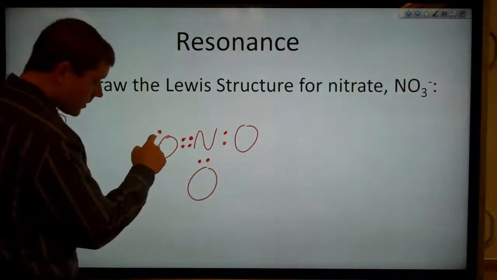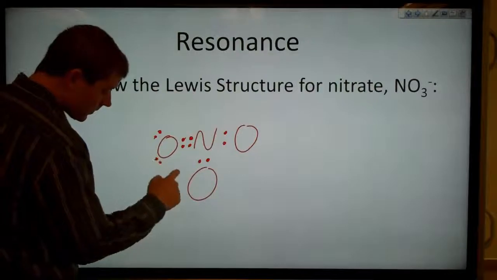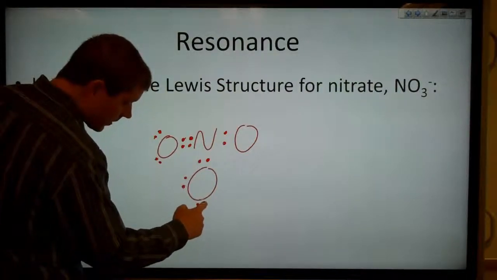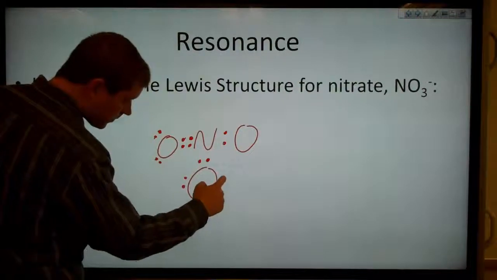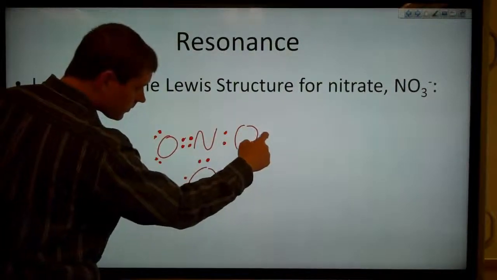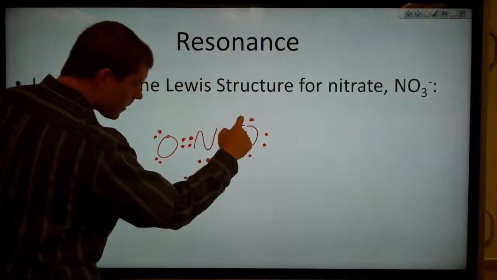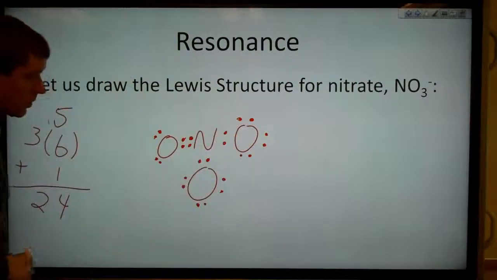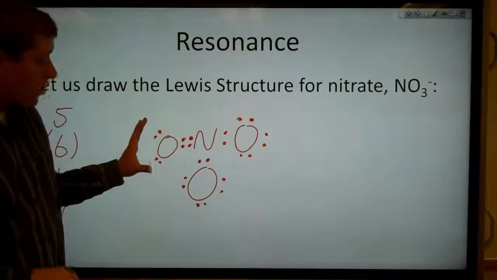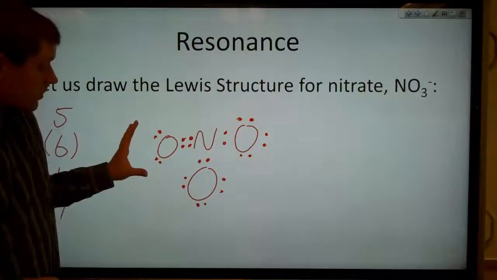This oxygen only needs 2 lone pairs, but the other 2 oxygens need 3 lone pairs apiece. So now I have satisfied the octet for the 3 oxygens and for the nitrogen.